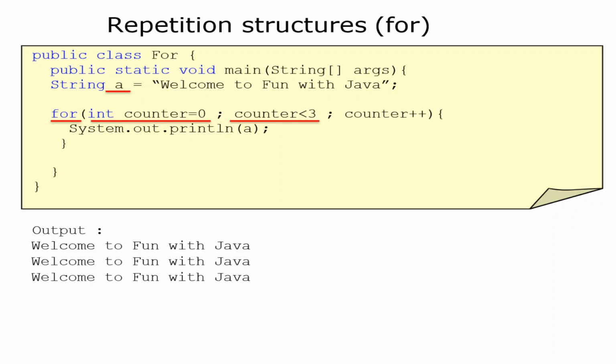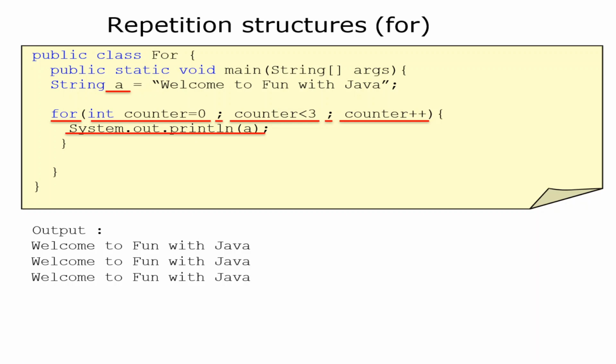Next one is the loop continuation condition. And the last one is the action after each iteration. And we separate each of them by semicolon. Alright? Inside the curly braces is the same, our loop body.